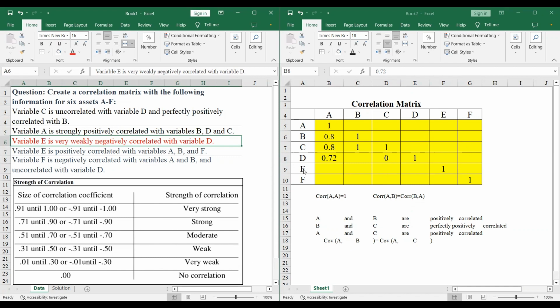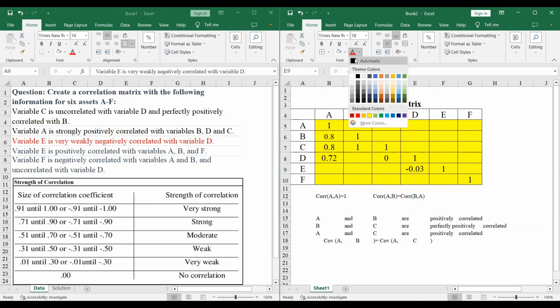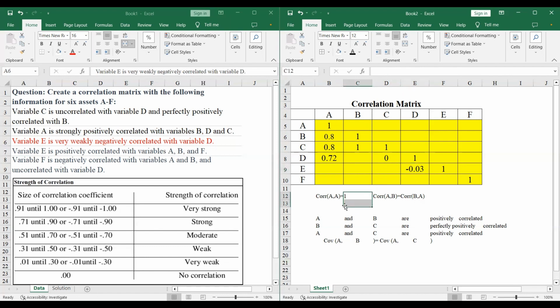So between E and D, we'll have to set in a very, very small negative number. So let's say it's minus 0.03. So that's the only information I have here, and I'm done.